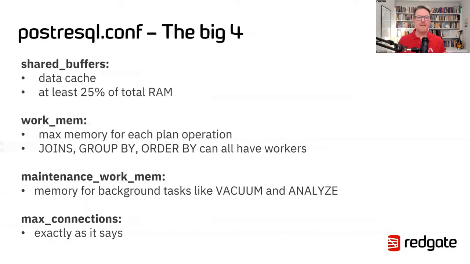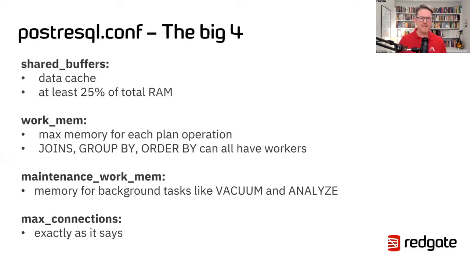If you are trying to make do with a very small VM with 1 or 2 or 4 gigabytes of RAM, and you're wondering why your 100 gigabyte database isn't performing well, it's probably because the data is just never able to stick in memory for more than a few minutes, and you are just going to have to upsize your database. There's really no way around that particular issue.